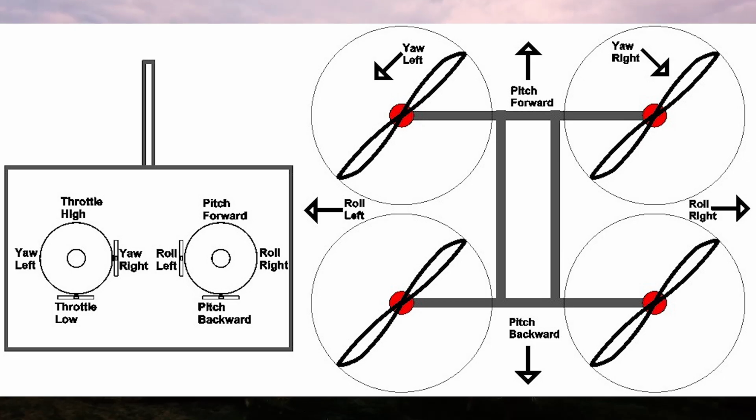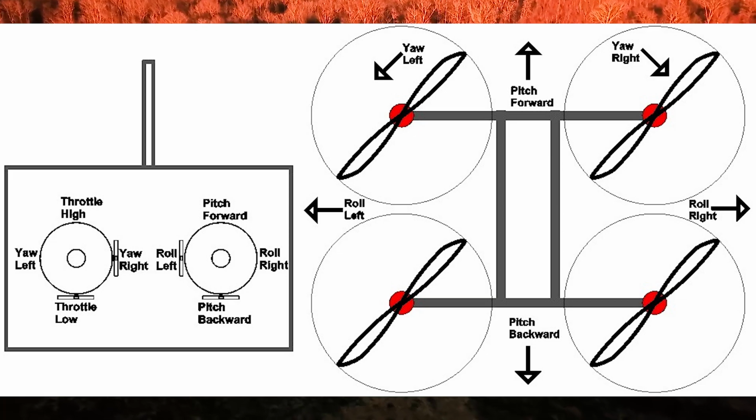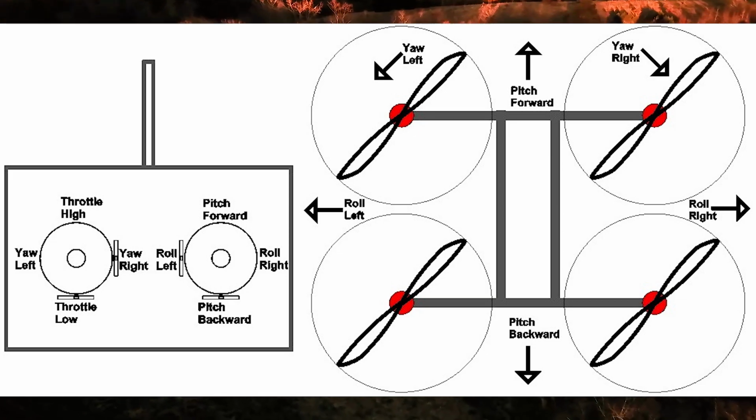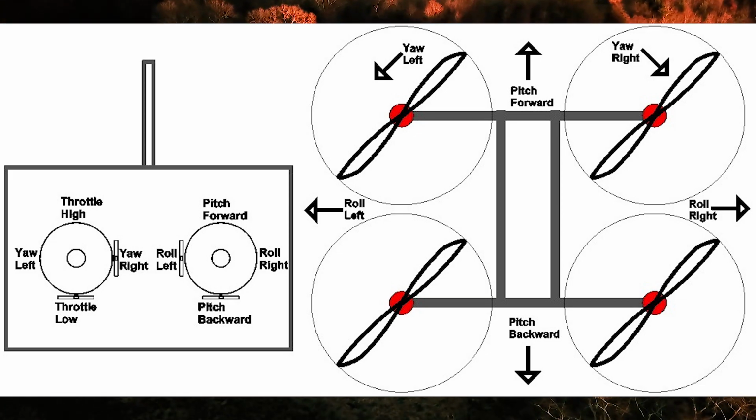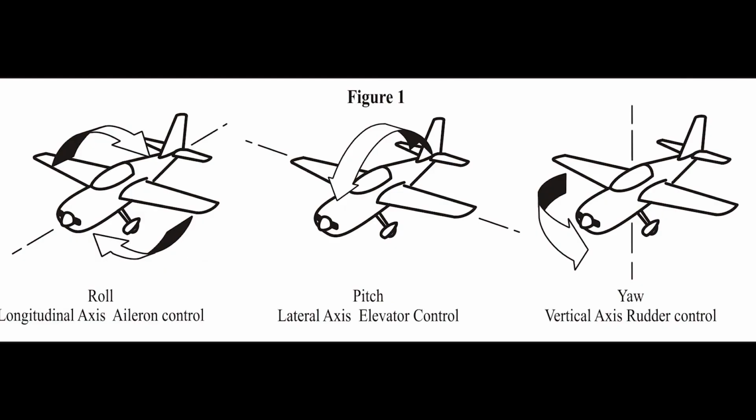If you throttle high, pushing the stick up, it's going to raise the drone up in space. If you throttle low, you pull down on the stick, you're giving it less power to churn those motors, so it's going to descend in space. If you turn from left to right, it changes the yaw. The yaw is the drone itself panning and tilting.